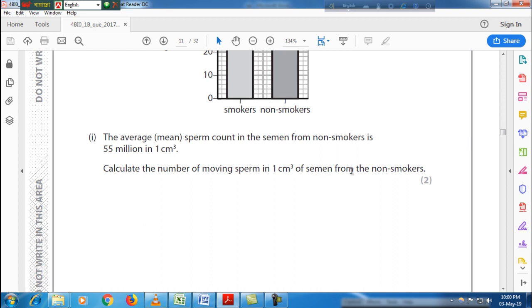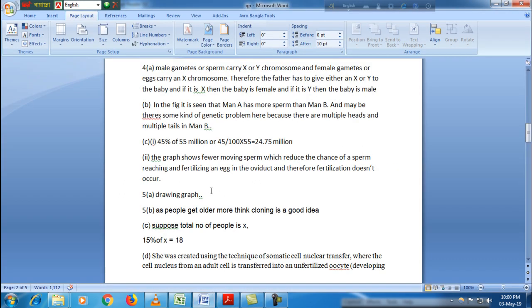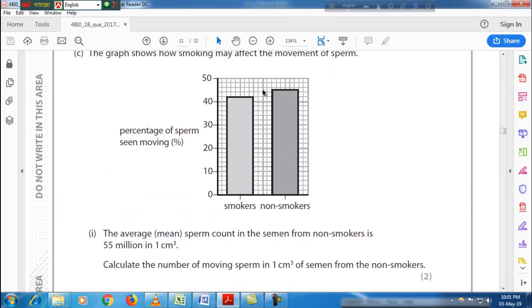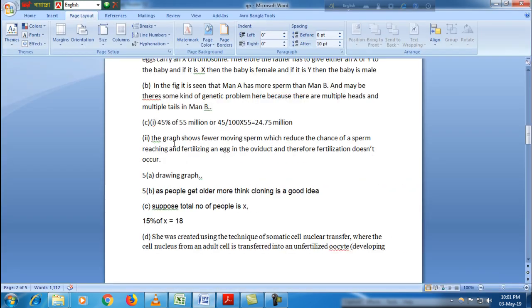Calculate the number of moving sperm in 1 centimeter cube of semen from the non-smokers. In the graph we are seeing that it is 45% for non-smokers, so to calculate it will be 45% of 55 million. That means 45 divided by 100 into 55, the answer will be 24.75.